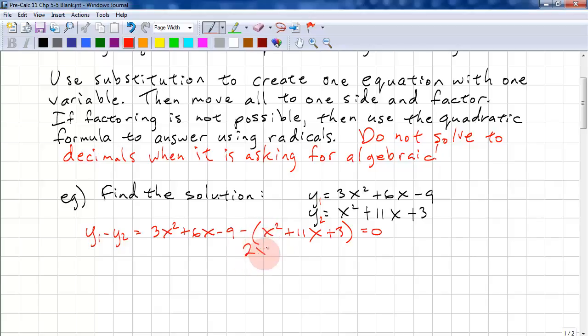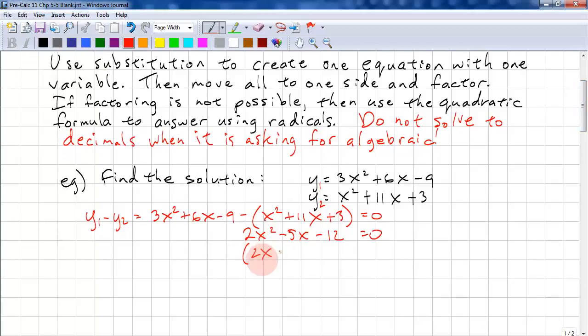Simplify: 3x squared minus x squared is 2x squared, 6x minus 11x is minus 5x, minus 9 minus 3 is minus 12, and we attempt to factor.